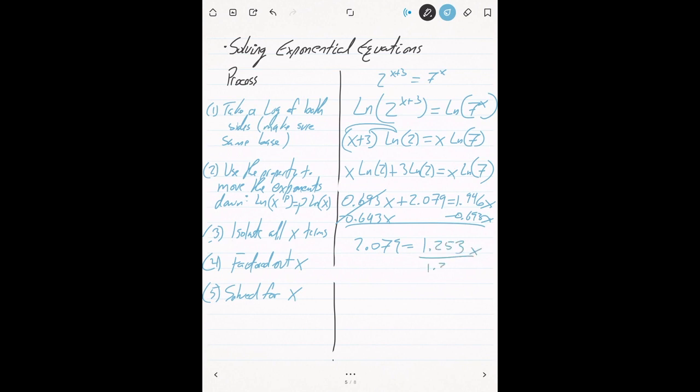And I could divide this on both sides. And what will we end up with? 2.079 divided by 1.253, we get 1.659217877 for x. Well, what do you notice about this solution here?